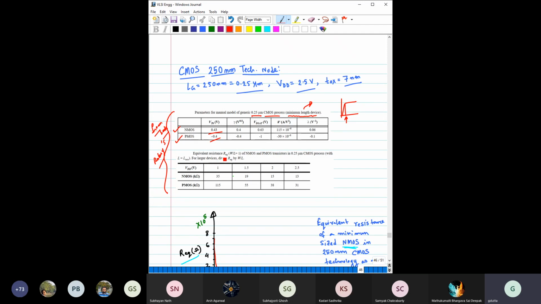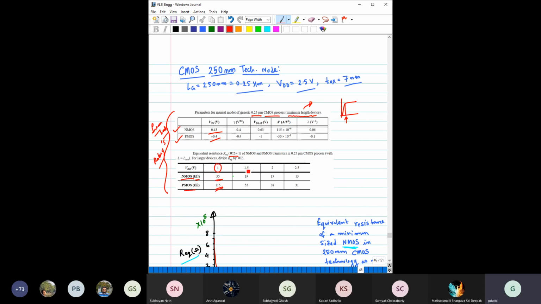So if you see the equivalent resistance, when W by L equal to 1, then for NMOS this is in kilo ohm, this is 35 kilo ohm and 115 kilo ohm respectively for NMOS and PMOS, and this is when VD equal to 1.